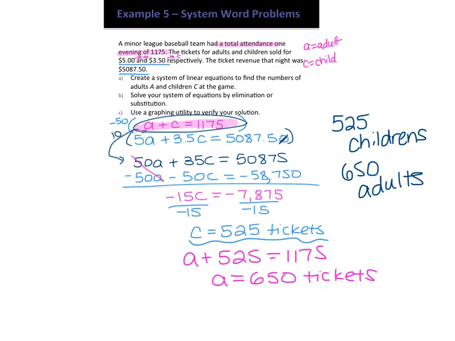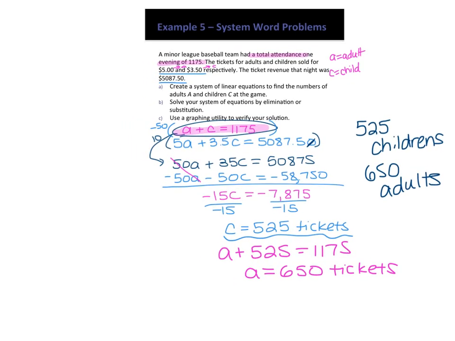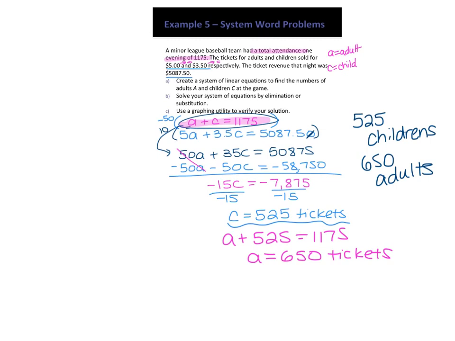And then part C says, use a graphing utility to verify your solution. To do this, we're actually going to have to take these equations and solve them for one of the variables. It doesn't matter which one you make y or x as long as you're consistent. So if I say that A equals 1,175 minus C, this would act as my y, this as my x.